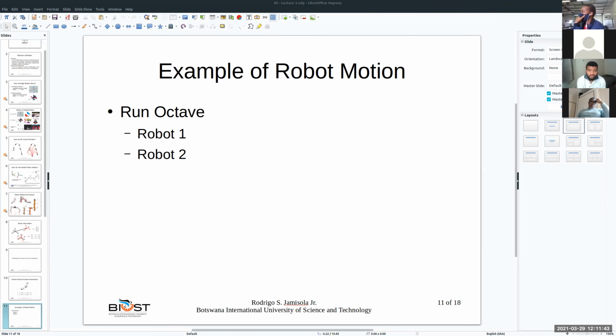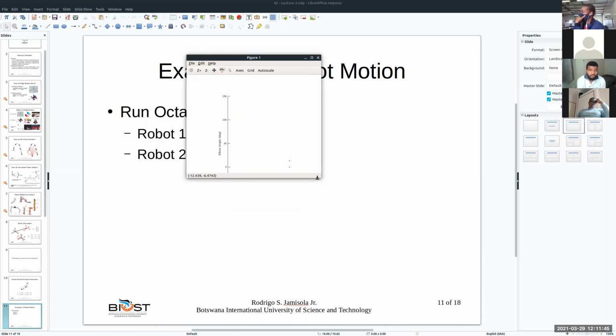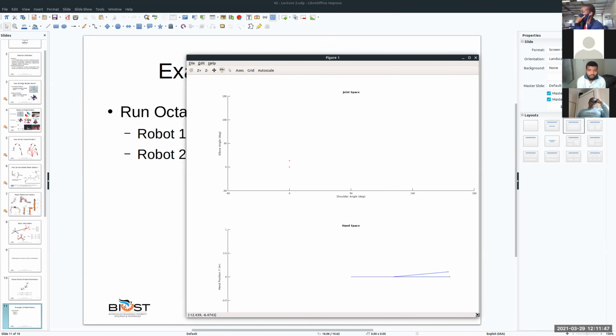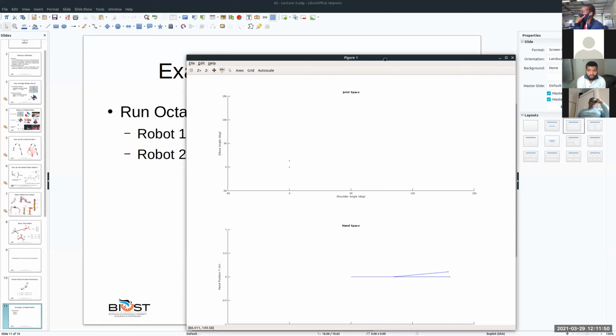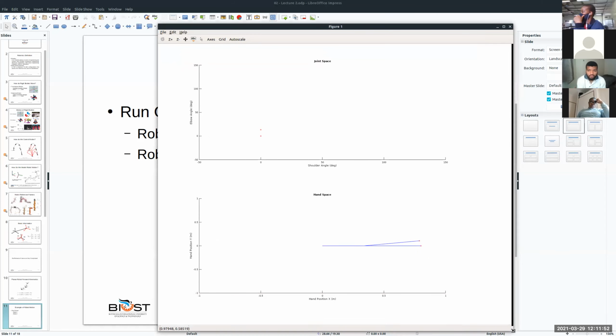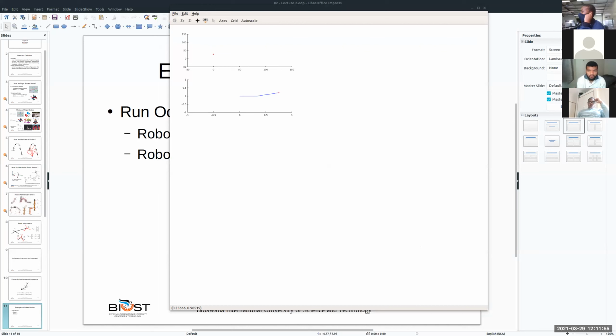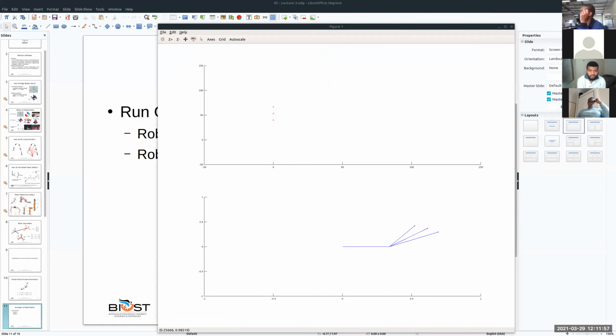There. So joint 1 remains at 0, and we increment by 10 degrees. So only joint 2 increases. So the hand sweeps around here because it increases the joint 2 angle.